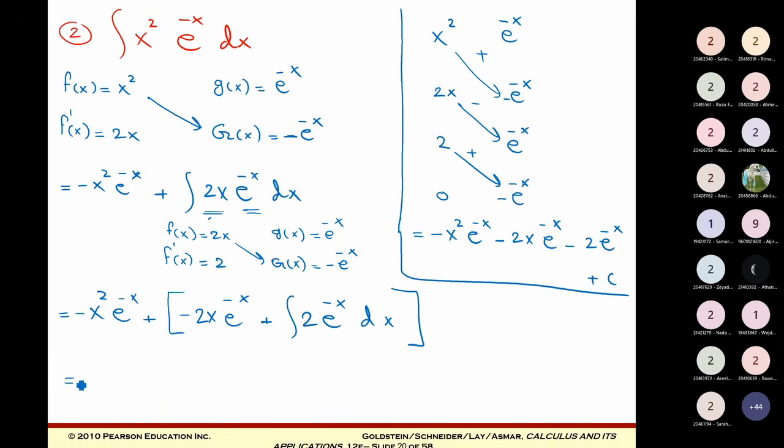The final, we have minus x squared e to the power minus x minus 2x e to the power minus x plus we have minus 2e to the power minus x, because after integration this is equal minus e to the power minus x. Okay, plus c. You can apply the second way to solve. Yes, you can, no problem.